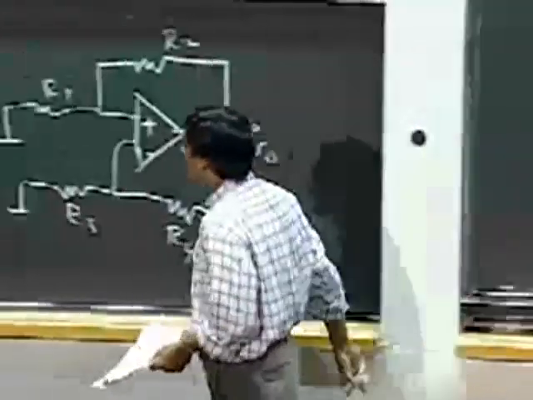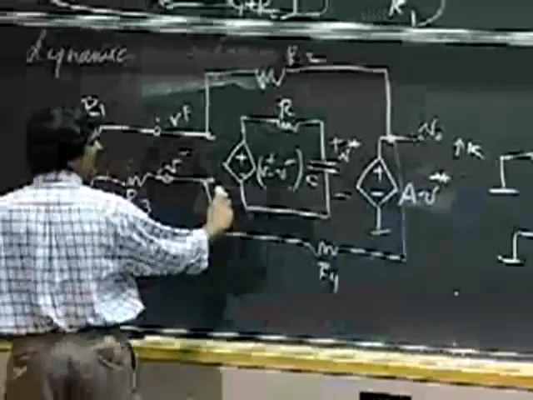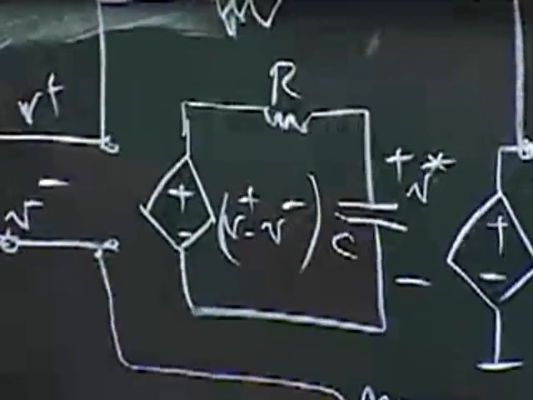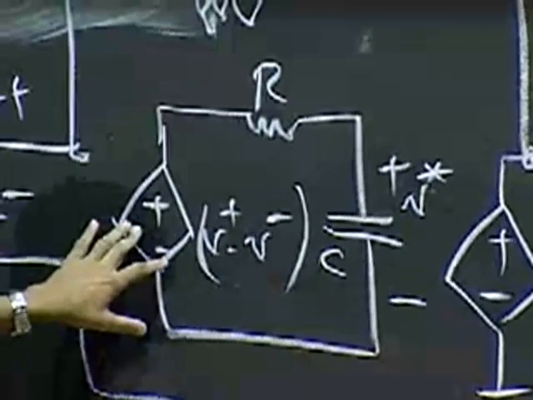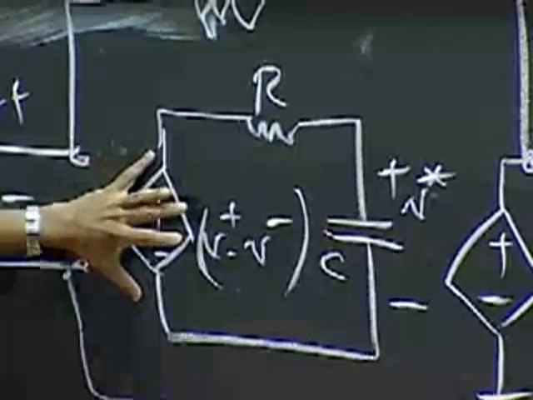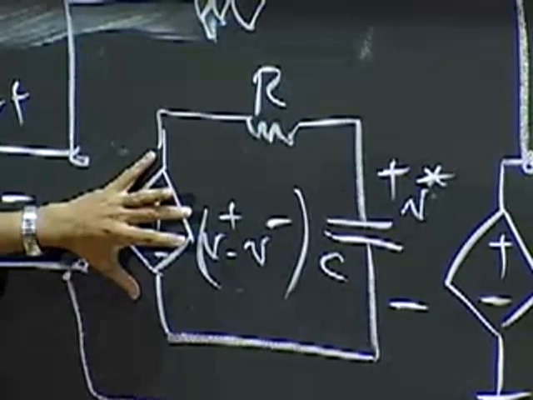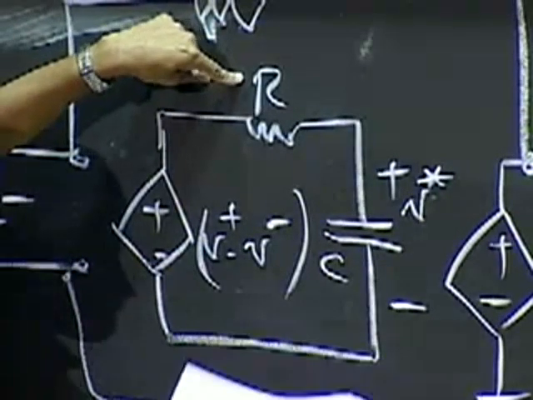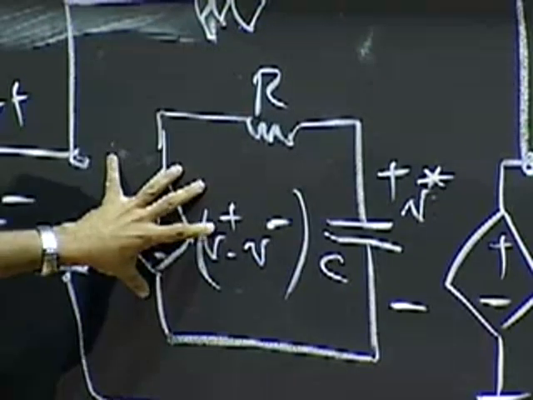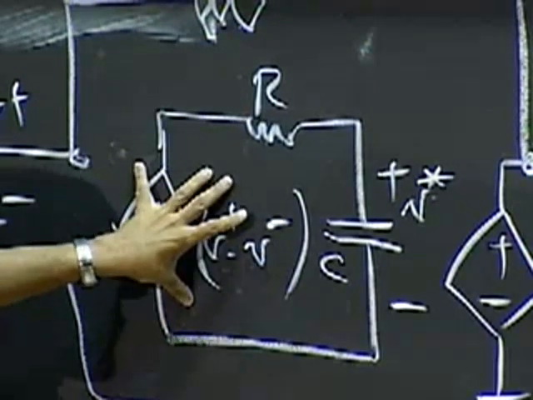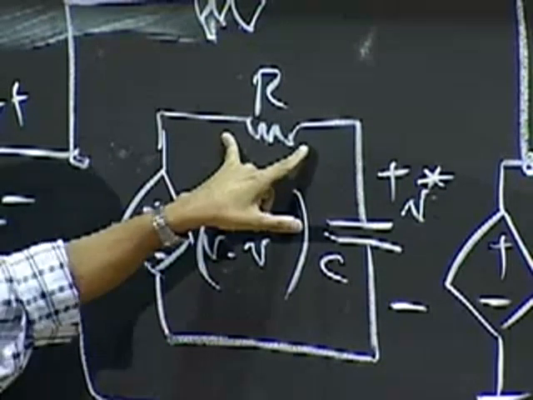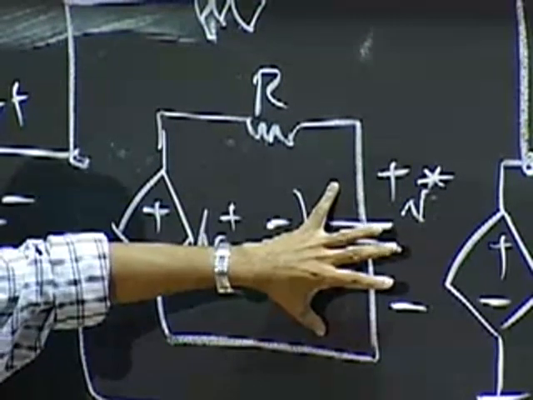So let me start by writing the good old equation for this little circuit here. And that equation is simply the voltage here, V plus minus V minus, equals the voltage across the RC. So V plus minus V minus will be equal to the voltage drop across the resistor plus that across the capacitor.